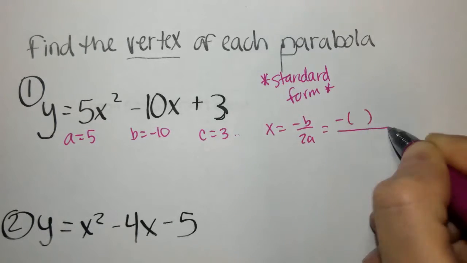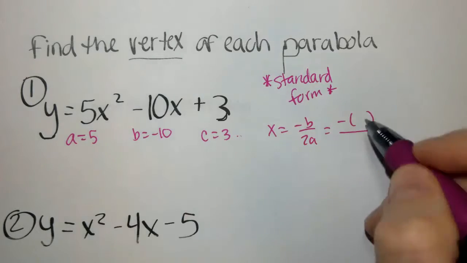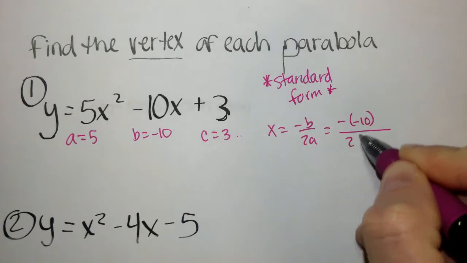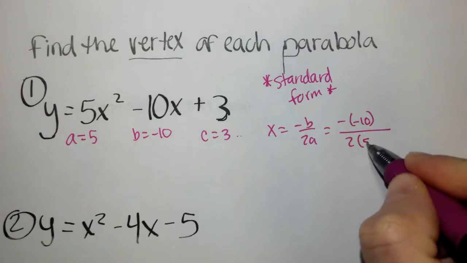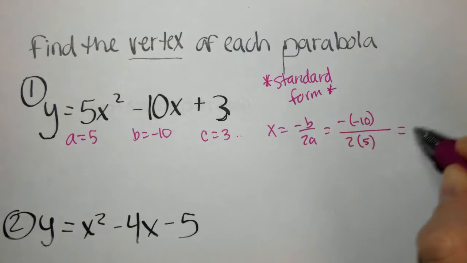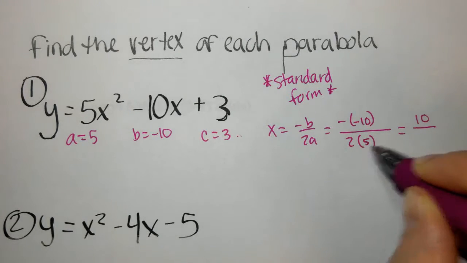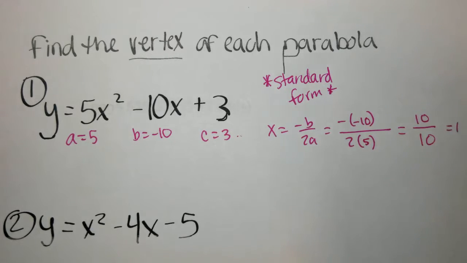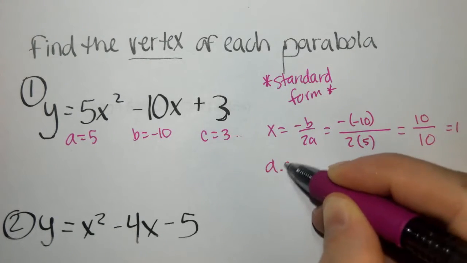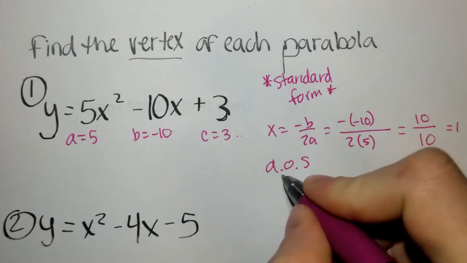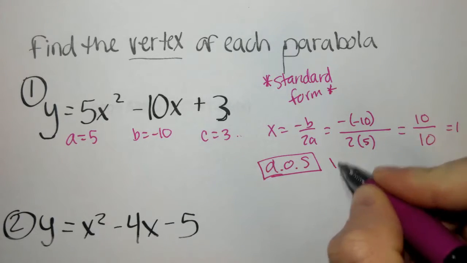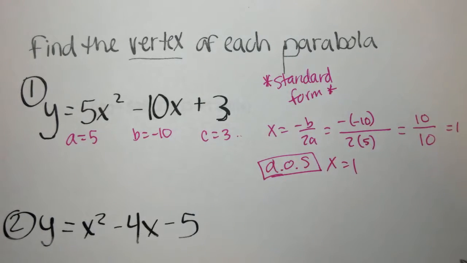Negative from the formula, plugging in for the B, which is negative 10. 2 times A, which is 5. Negative, negative, make it a positive 10 over 2 times 5 is 10. So now we get down to our axis of symmetry, just a little abbreviation, being positive 1.